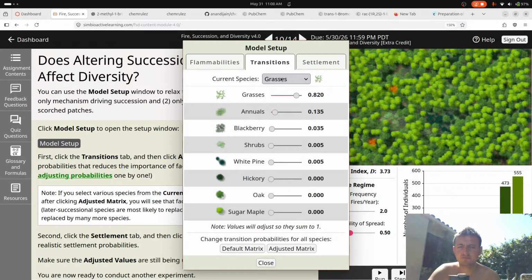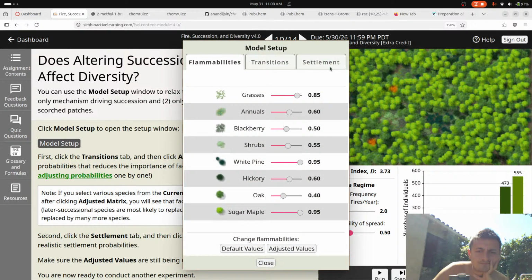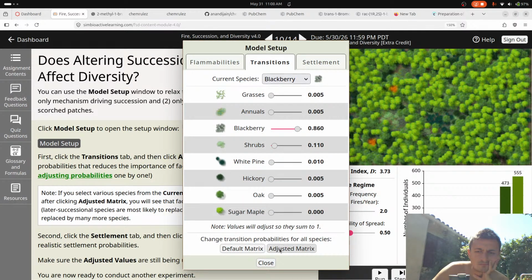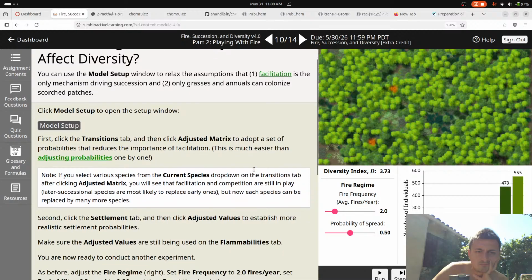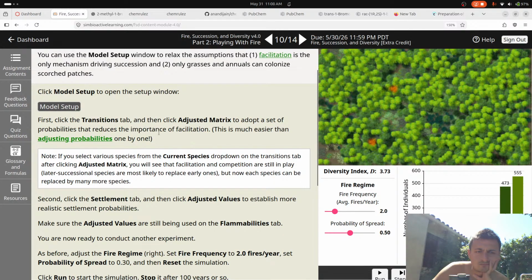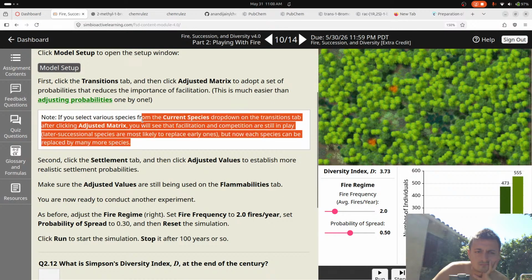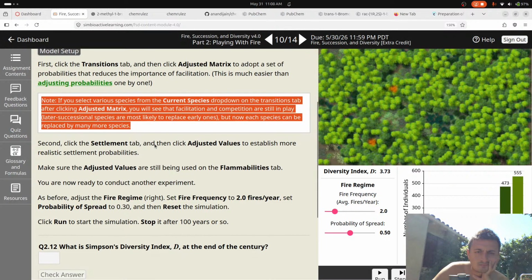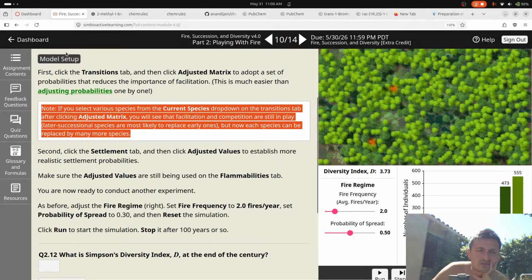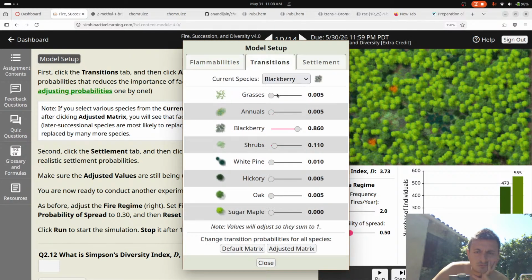Can't I just see the matrix? Why do I have to look at the rows or the columns? Wait, can we go to... Oh, so default makes it 0.